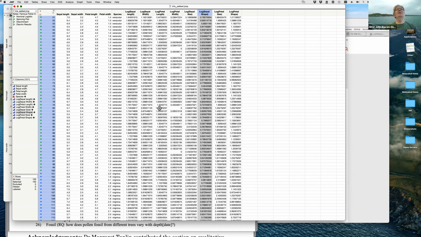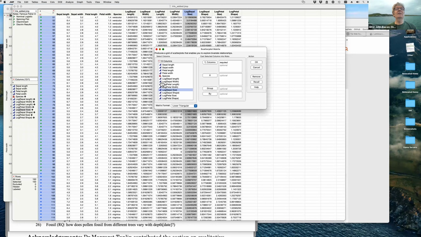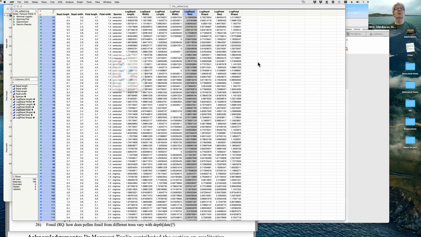So I've actually tried to look at it that way around. What I did to start with was simply do a log transformation of the 4 different measurements. Let's do those two comparisons together. Let's do the scatter plot matrix on the 4 log versions and the 4 non-log versions.